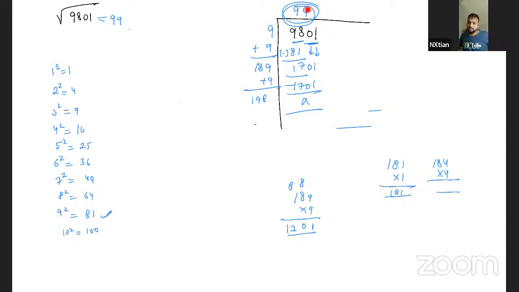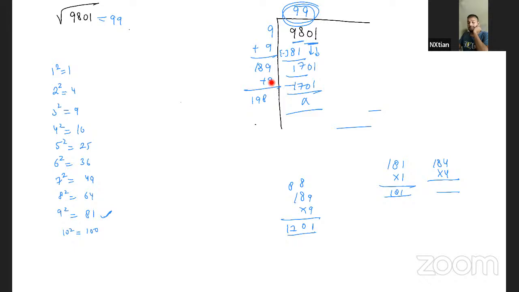Why are we multiplying 189 by 9? Because 9 is the number he chose, and 9 nines are 81.